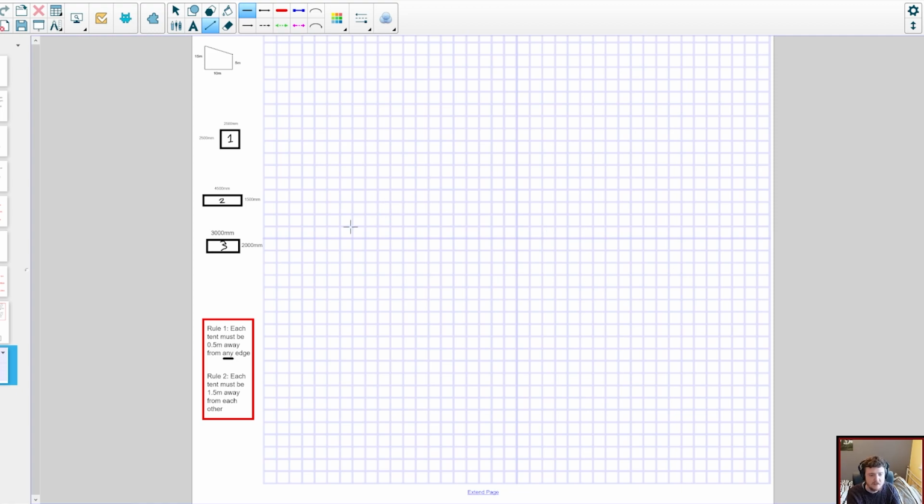So I'm going to write this down in the bottom left-hand corner. I'm going to say in black, 1 square equals 0.5 meters. 1 square is 0.5 meters because that's going to give me a nice big scale to use. So this is 15 meters.